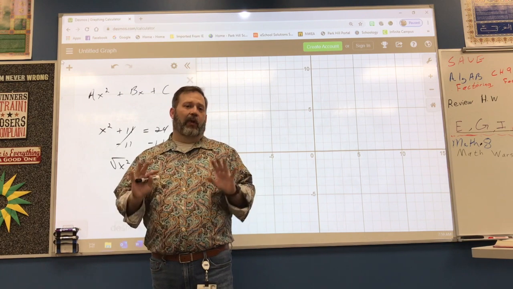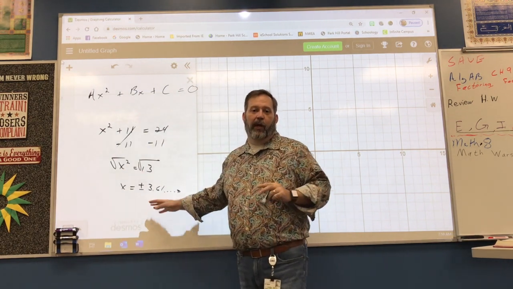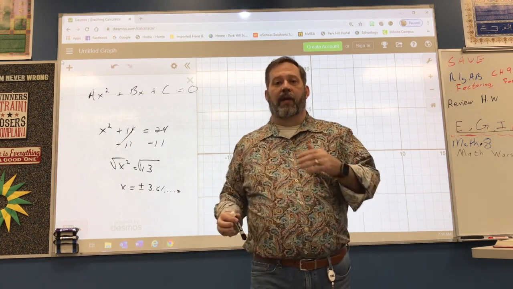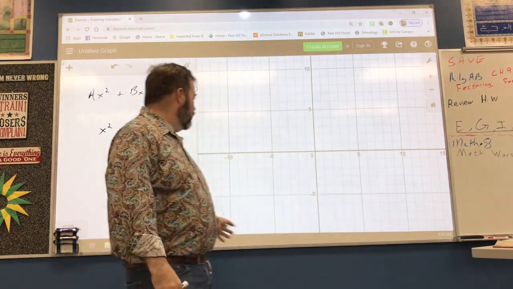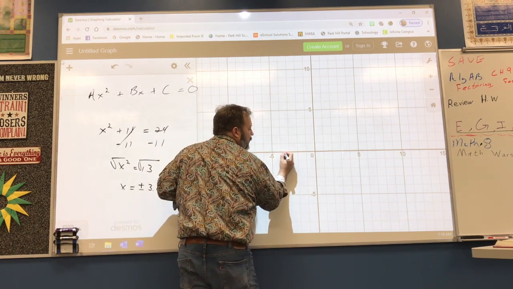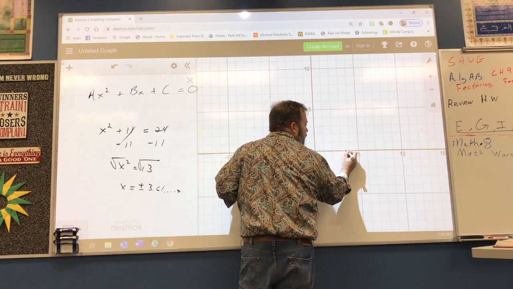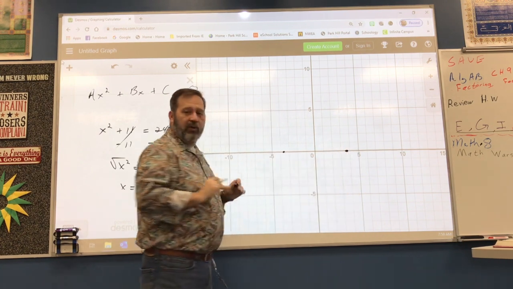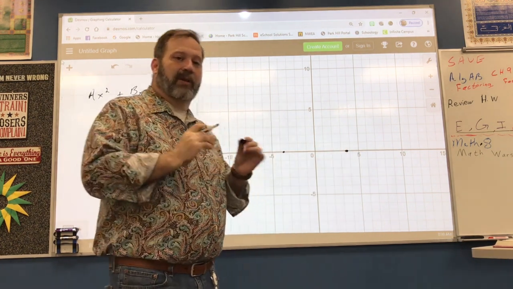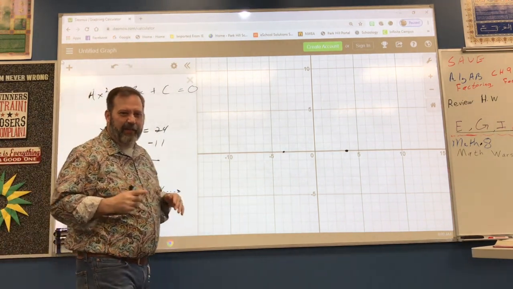Those are rational and those are fine. But when you square root and get a decimal that goes on forever and never ends, that is an irrational answer. We're still going to graph it at negative 3 point something and a positive 3 point something, as if we know exactly where they're at. Just keep in mind they're still irrational. We don't know exactly.